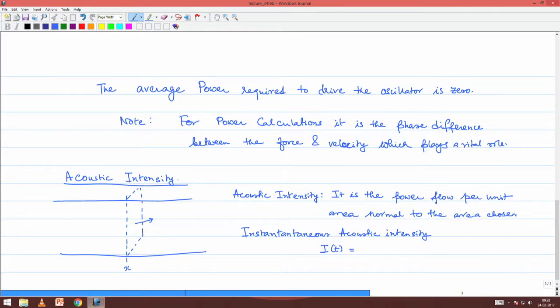For this present illustration I have chosen this unit area to be normal to the direction x, right. So, the power is going to be force per unit area times velocity in the x direction, right. So, the pressure is given by P and the velocity in the x direction is u with a subscript x, functions of t, right. So, this is the instantaneous acoustic intensity.